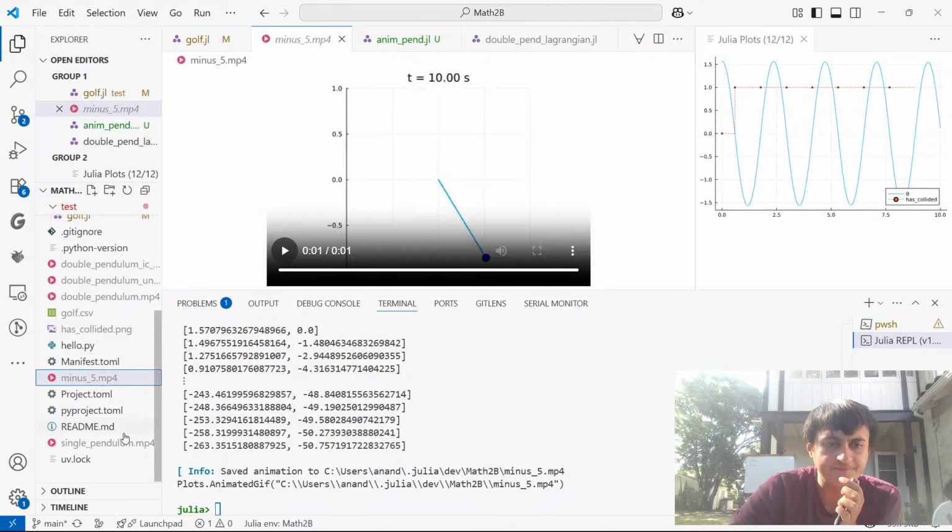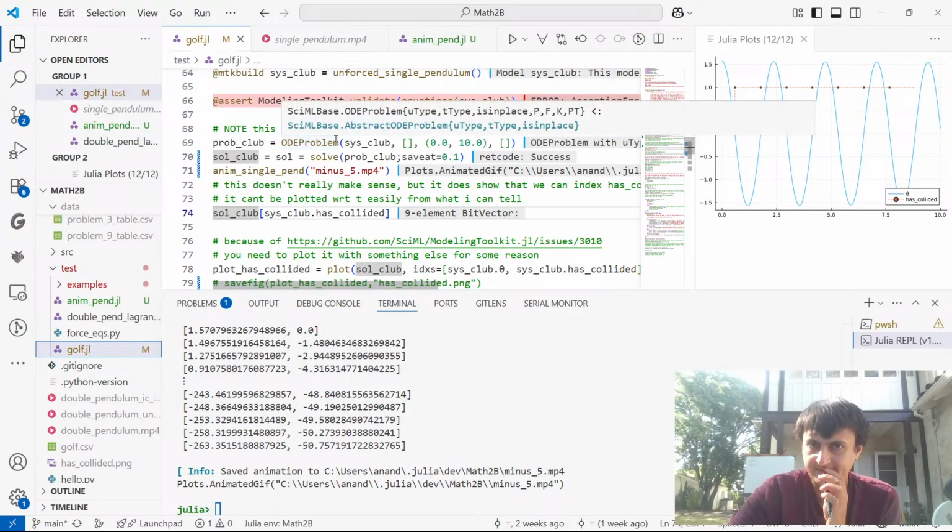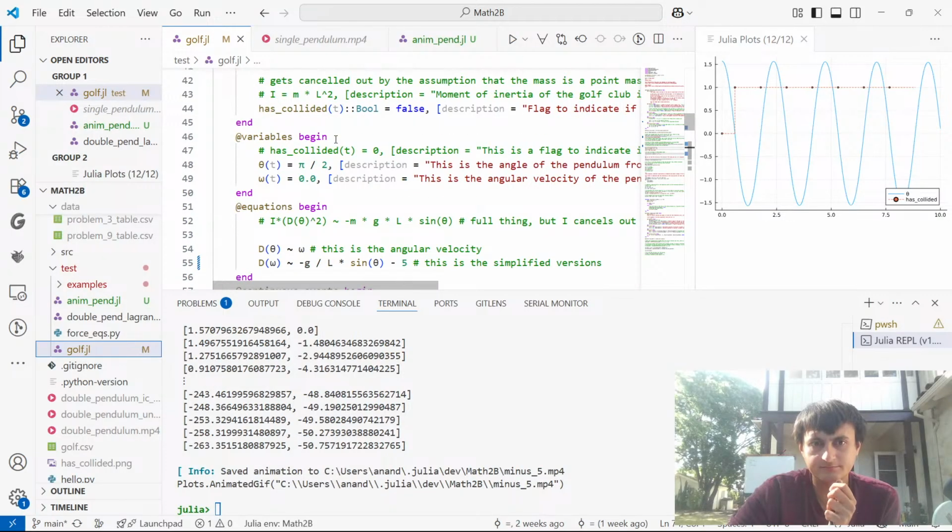So here, it's because once it's collided, I honestly don't understand. But that is the way that we want it to go.